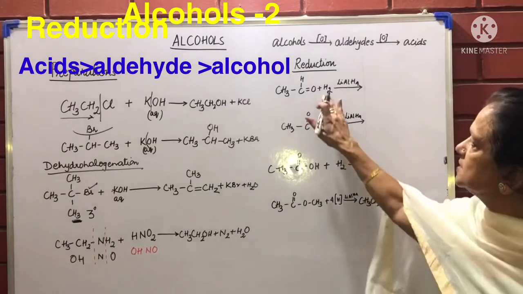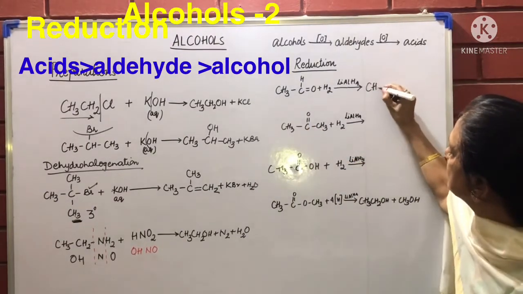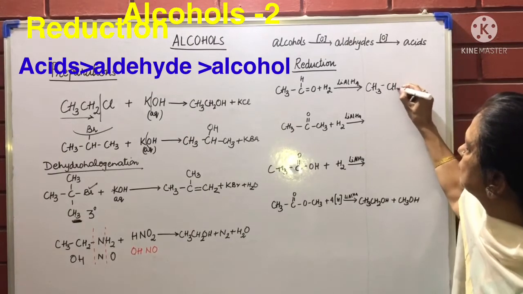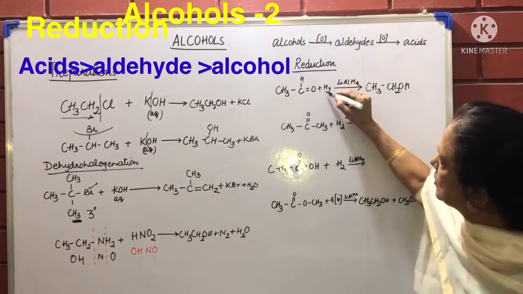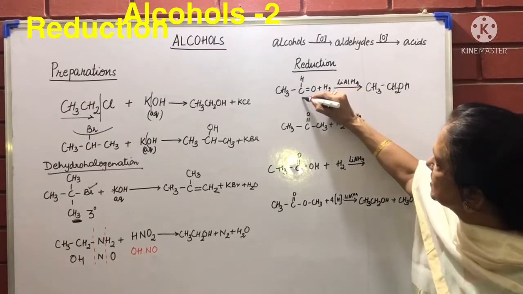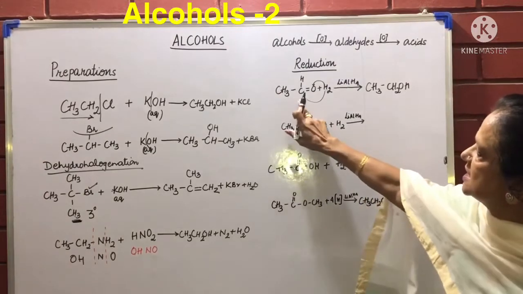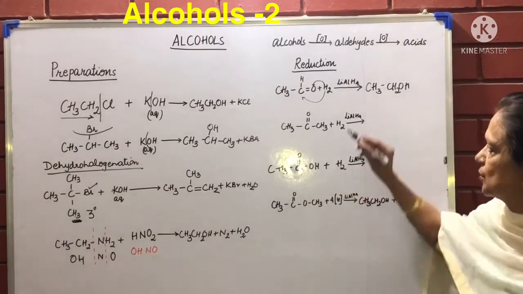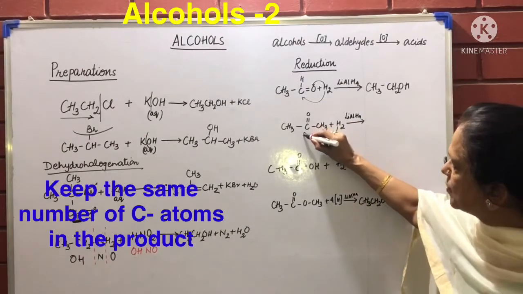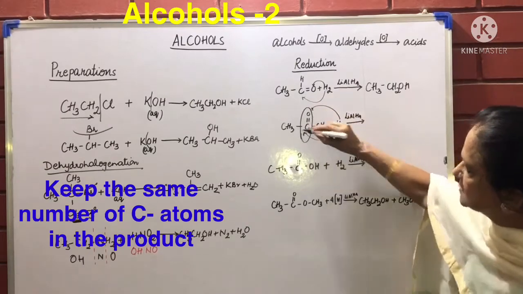If the aldehyde is reduced, there are 2 carbon atoms here, so an alcohol containing 2 carbon atoms will be formed. So actually there is a double bond here, so one OH gets attached here, another gets attached here, so this becomes CH3CH2OH. If I am taking a ketone, again I will add one hydrogen here and one here because there is a double bond at this place.